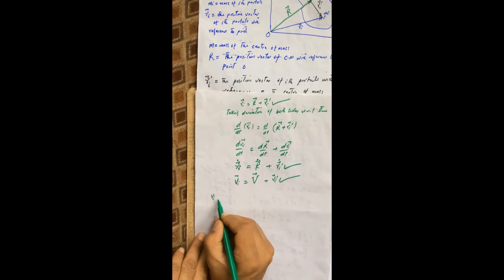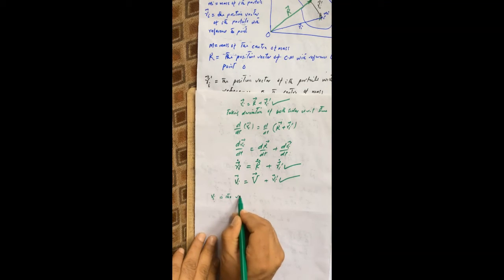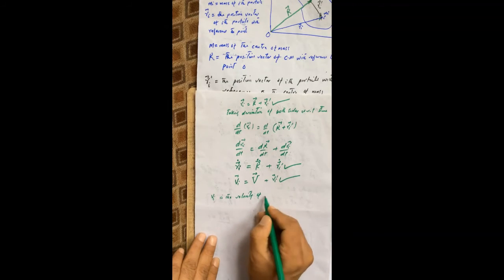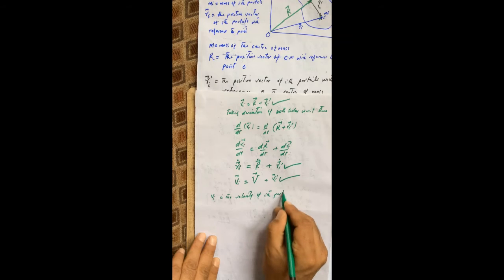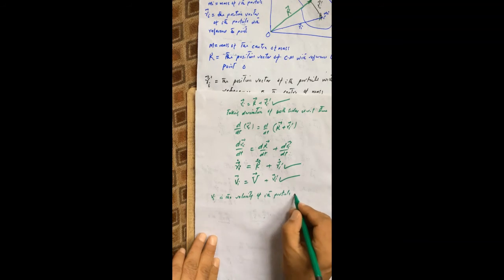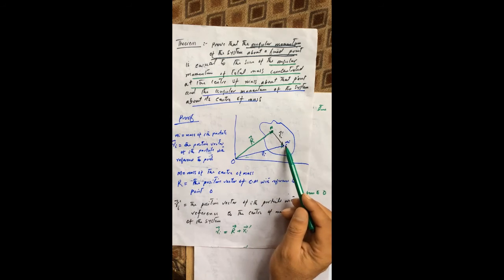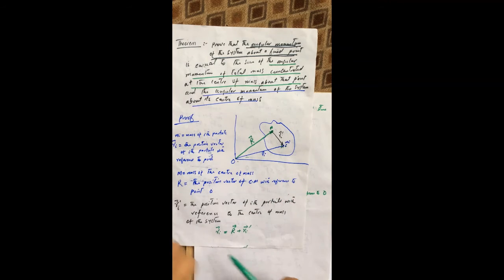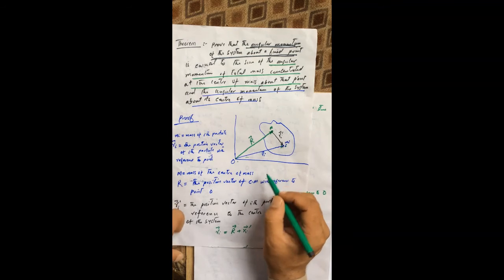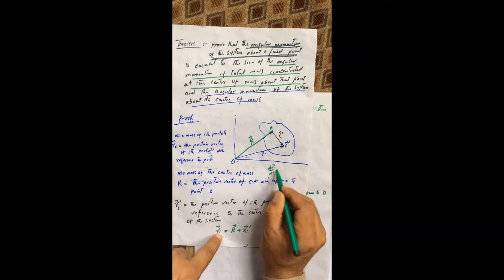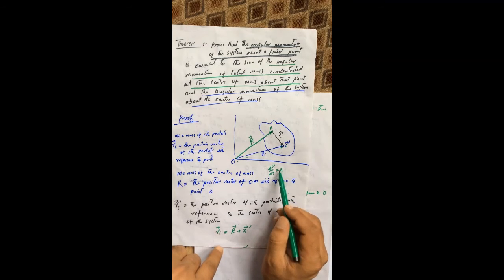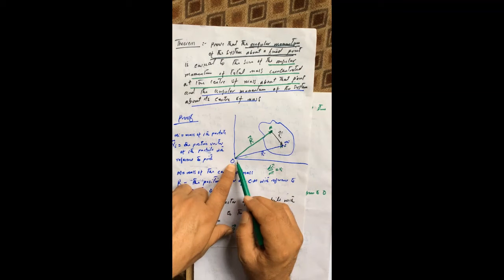Vi is the velocity of the ith particle with reference to point O. Here I mentioned that Ri is the position vector of the ith particle with reference to O, so the derivative of Ri with respect to time, dRi over dt, gives us the velocity of the ith particle.